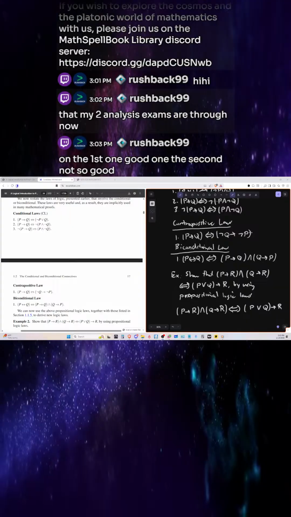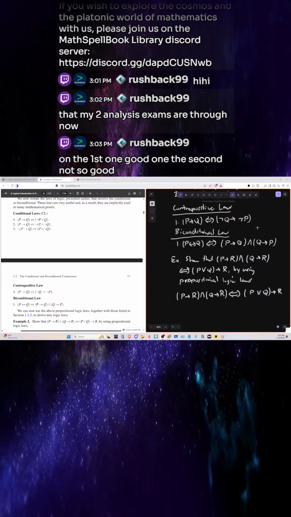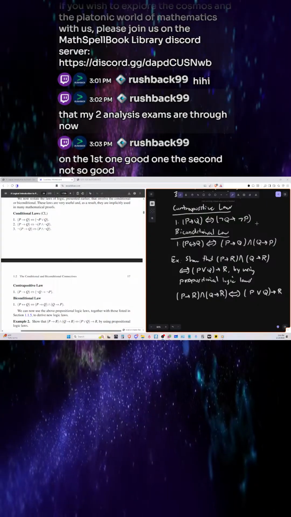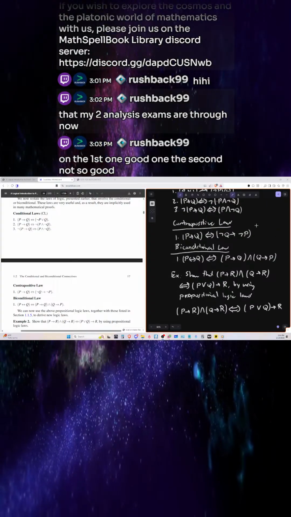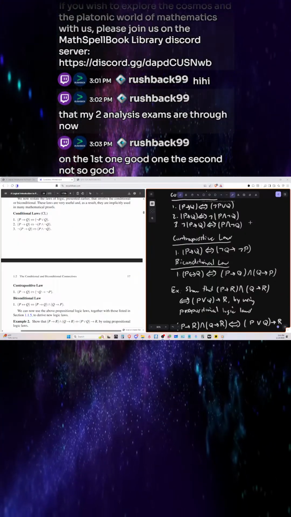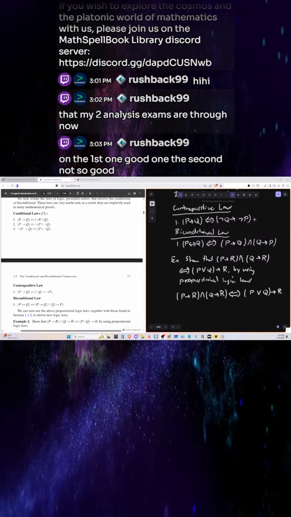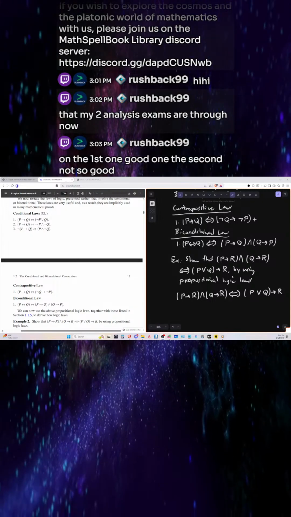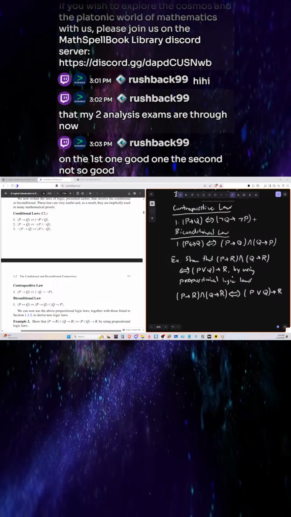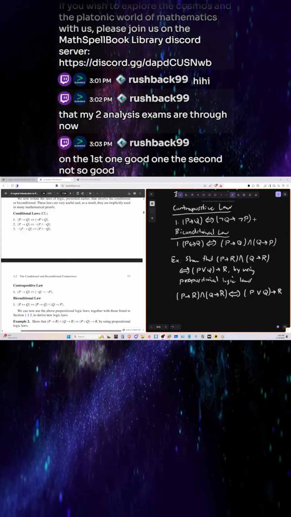On the first good one, the second one not so good. Oh, I'm sorry to hear that. I mean, how many exams do you have for the class in total? If you have a lot of exams, then you'll have more chance to boost your grade. If it's like 4 exams, then basically the first one, yeah, you got a good start.